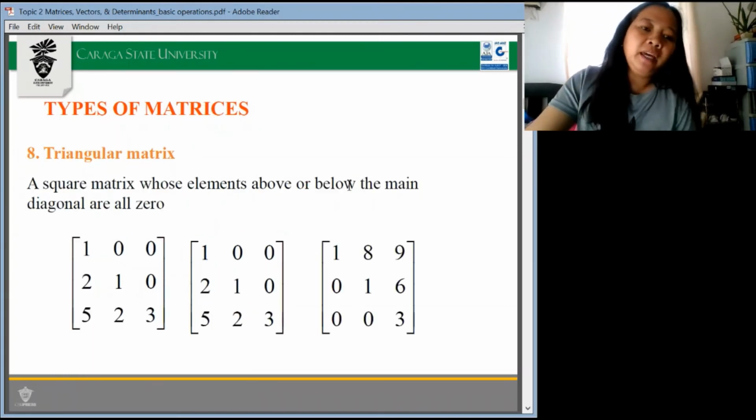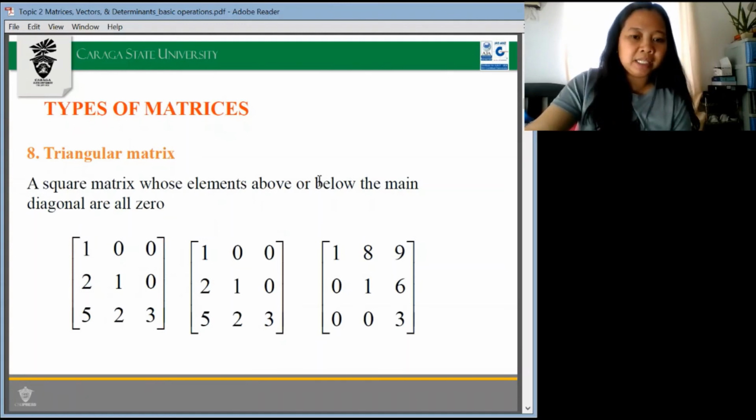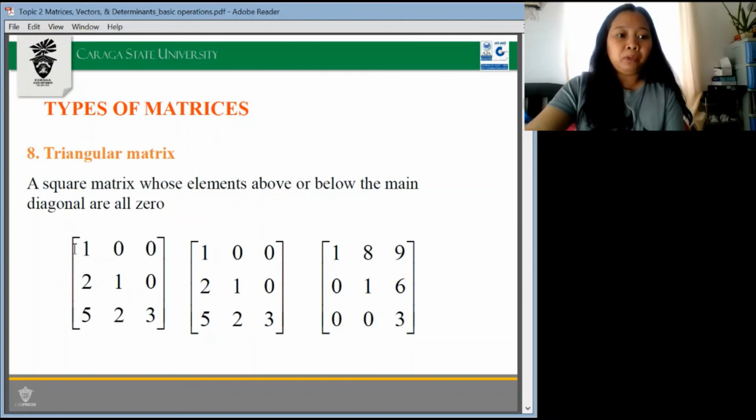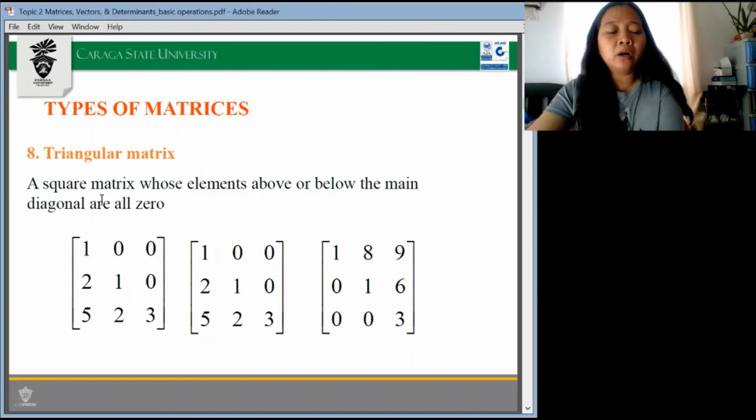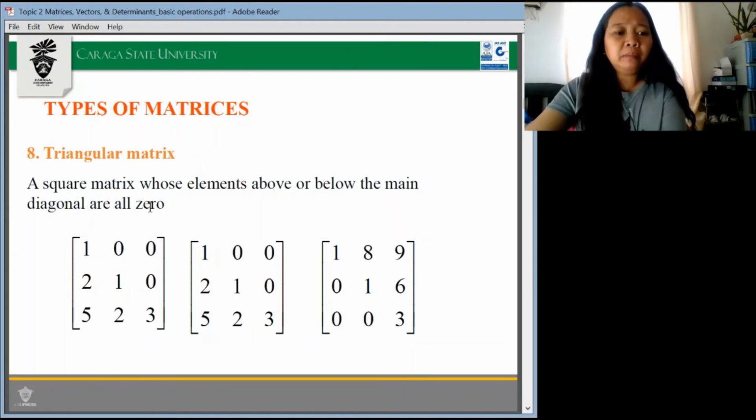Next is a triangular matrix. By the way, we have two types of triangular matrix, and we will discuss this with examples. The definition of a triangular matrix is that it is a square matrix whose elements above or below the main diagonal are all zeros. So we have an upper triangular matrix and a lower triangular matrix.